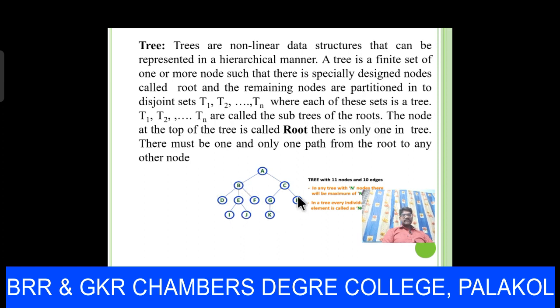So these are the subtrees of the root A. The node at the top of the tree is called the root. There is only one in the tree, so the root element is only one. There must be one path from the root to any other node. So in a tree there is only one main root, and it can contain many sub-roots. So the arrangement of data in a random order, we call a non-linear data structure. One of the non-linear data structures is the tree.